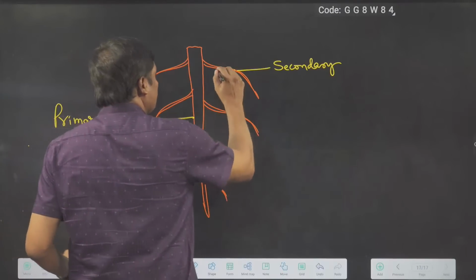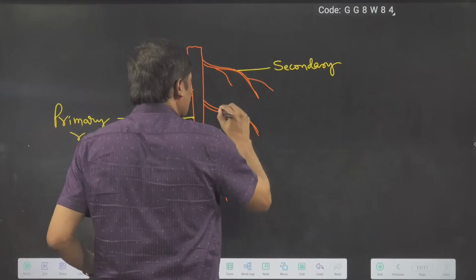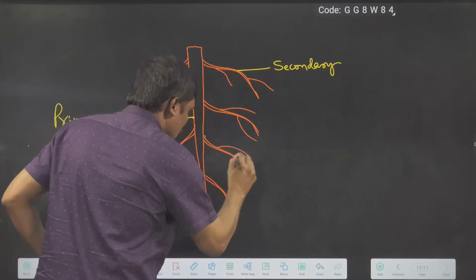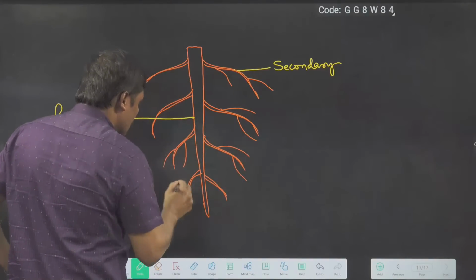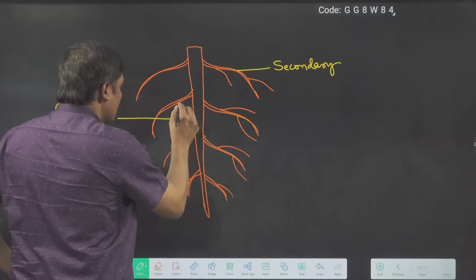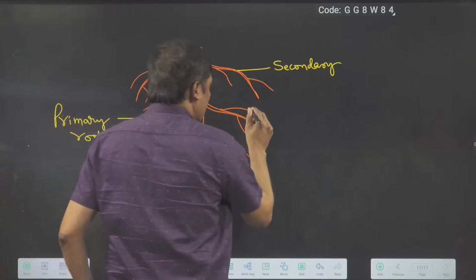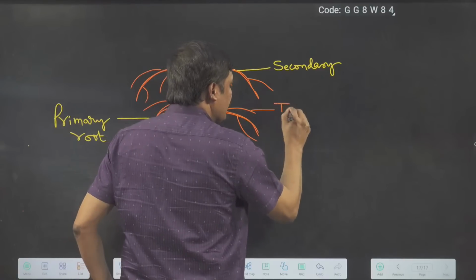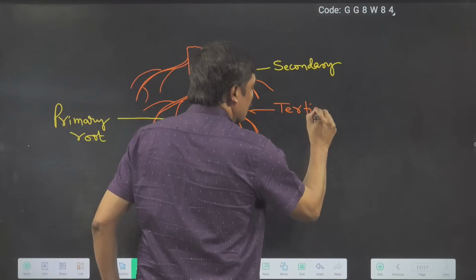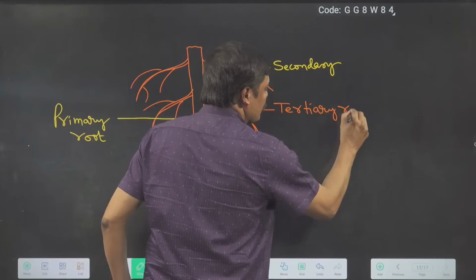For example, these are called tertiary roots.